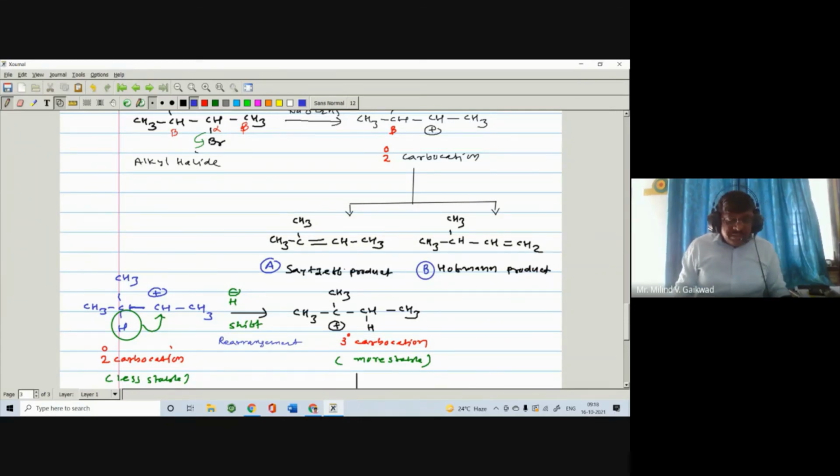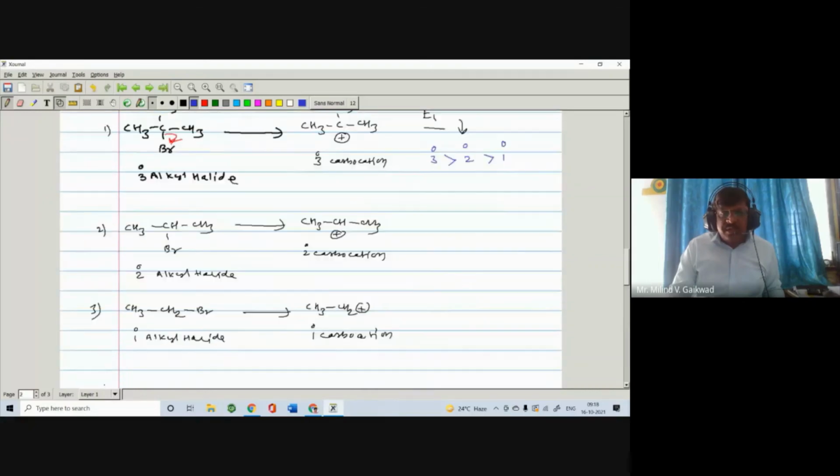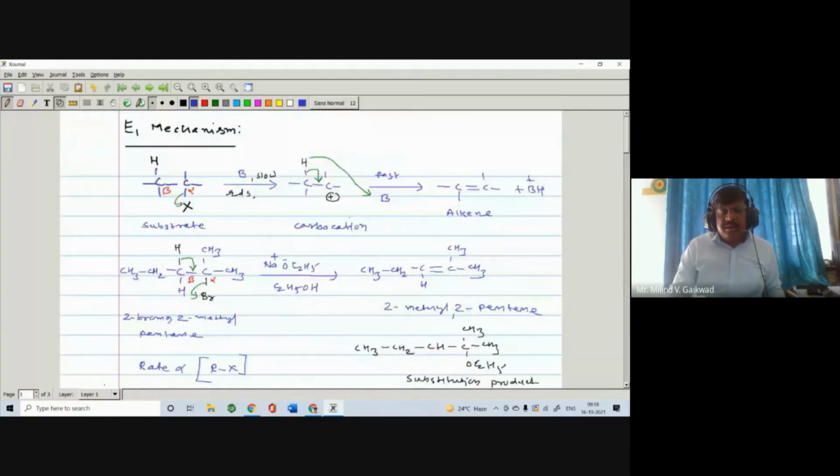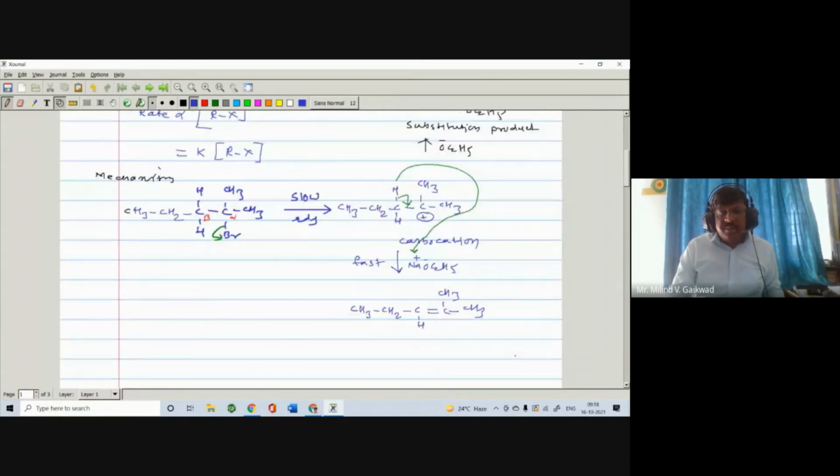And one more evidence is there. The presence of a beta hydrogen is necessary for both E1 and E2. But suppose there is an absence of a beta hydrogen; then whether it gives 1,2-elimination or not, you have to consider. So here we have taken the E1 mechanism, written its example, and given its mechanism.